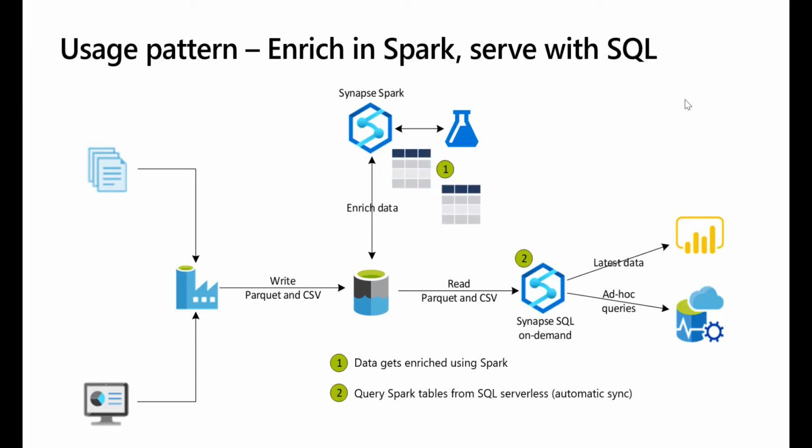In Synapse Workspace, every external table in Spark is automatically copied in Synapse SQL on demand. This enables SQL-centric tools like Power BI, Azure Data Studio to have the same view on the data that is transformed with Apache Spark and to create reports and ad hoc queries on the data that Apache Spark transformed.